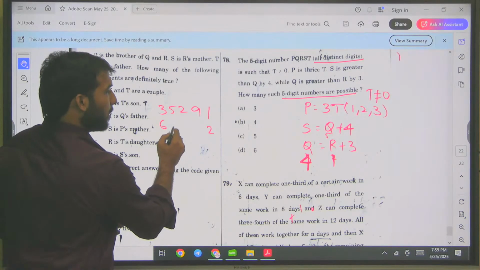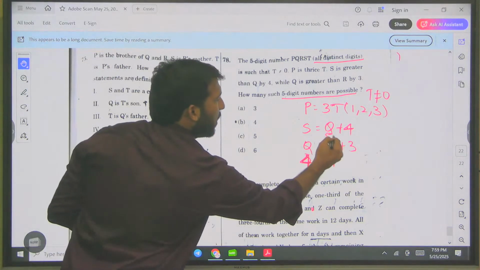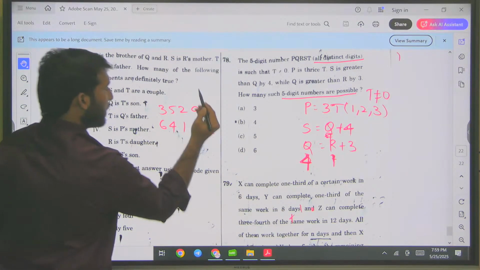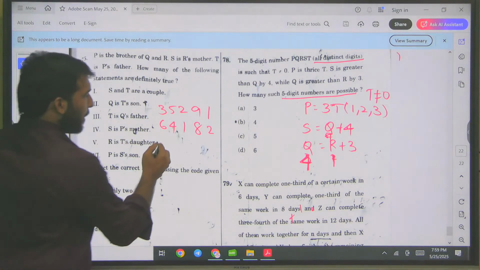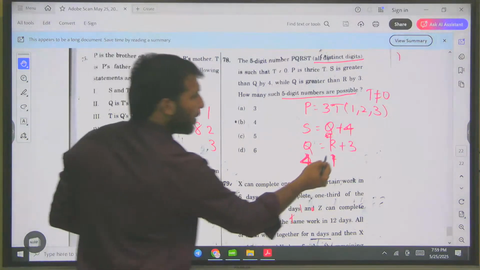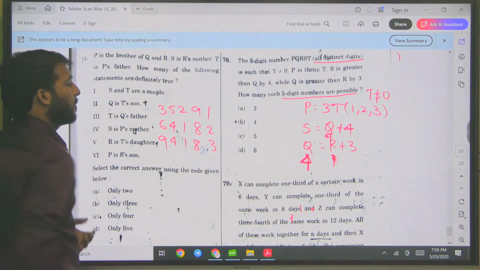If Q is 4, then S value will be 8. Next, if I am considering R value as 3, keeping 1 as it is, 4182.